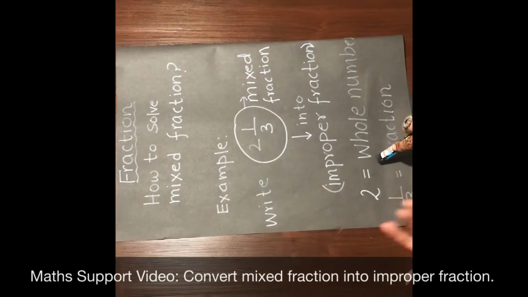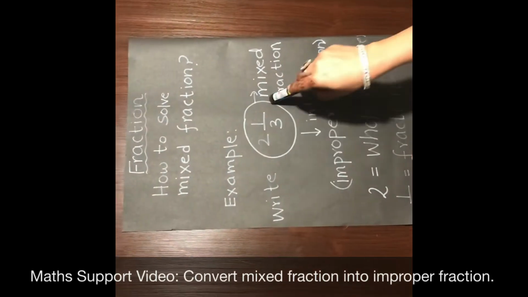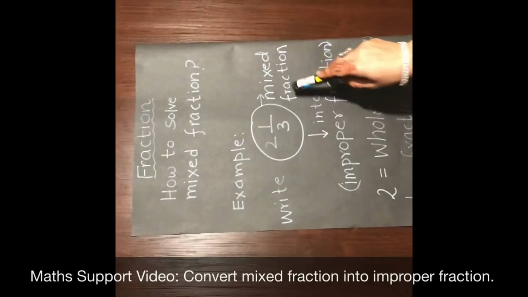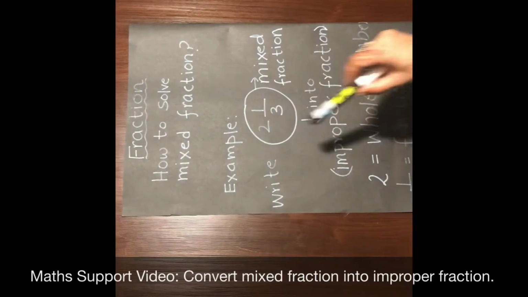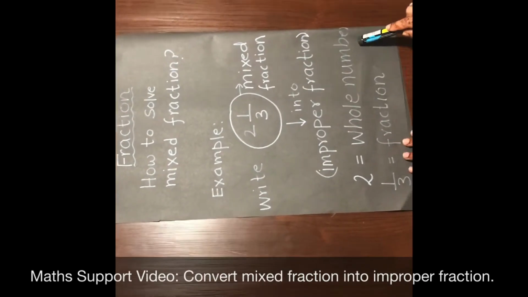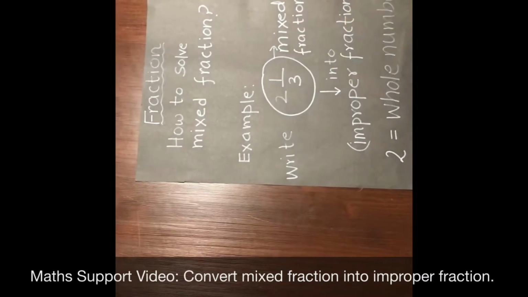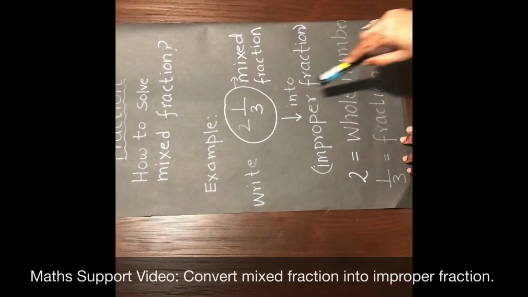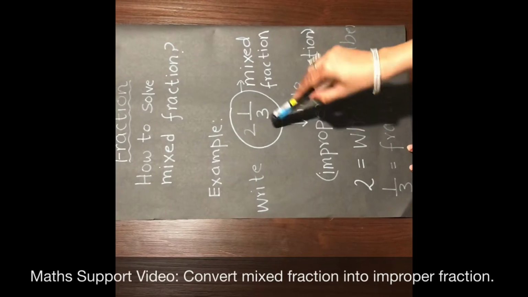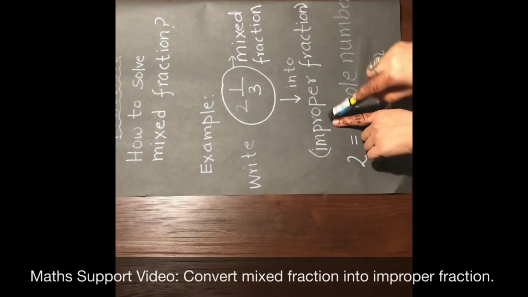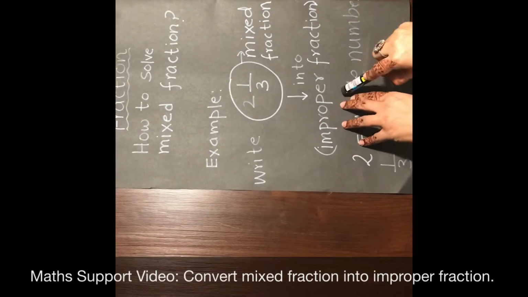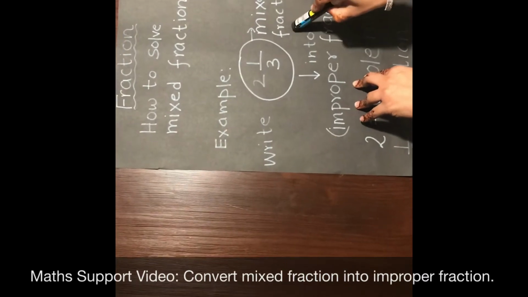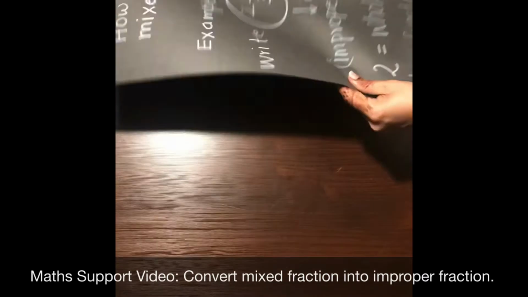That's what we're going to prove by using this number as a mixed fraction. Here 2 is a whole number and 1/3 is a fraction. So this is a mixed fraction that we are going to convert into an improper fraction where the numerator will be greater than the denominator.